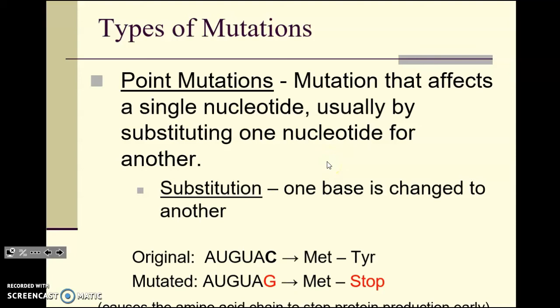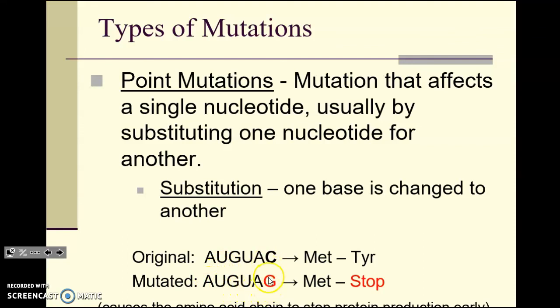There's a point mutation, which means one single nucleotide has been affected, and it's been substituted for something else. So here in this example, you got AUG-UAC, which is methionine and tyronine, but there's a mutation.